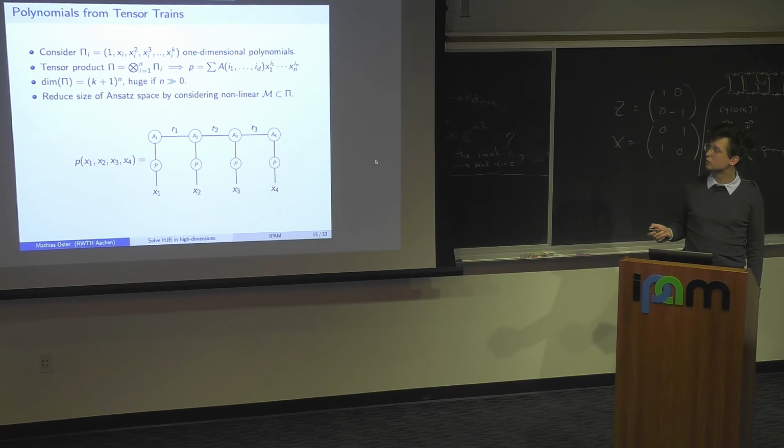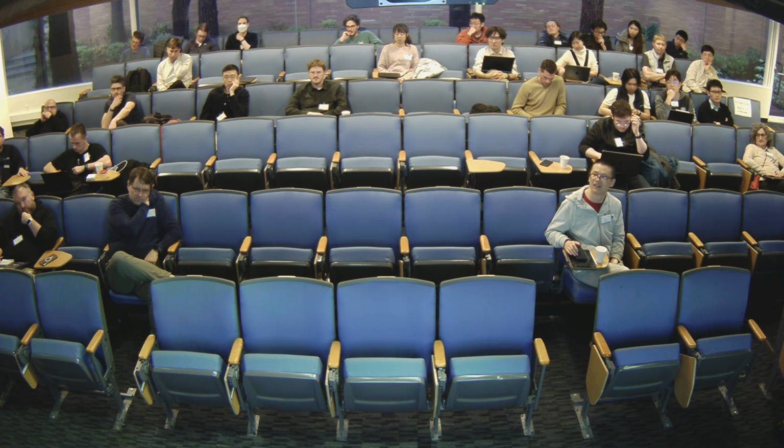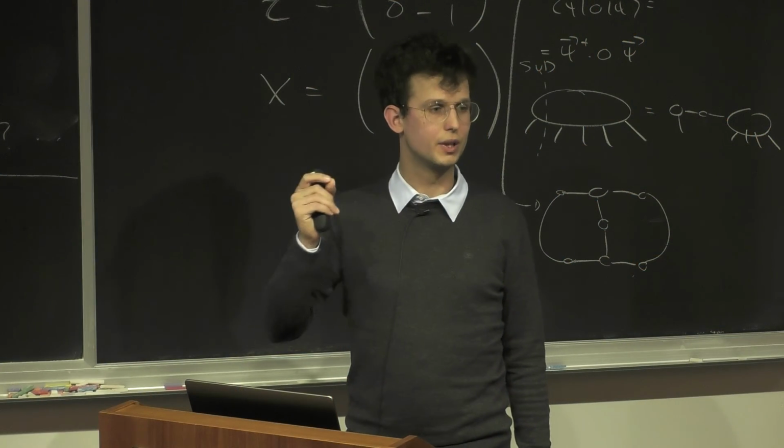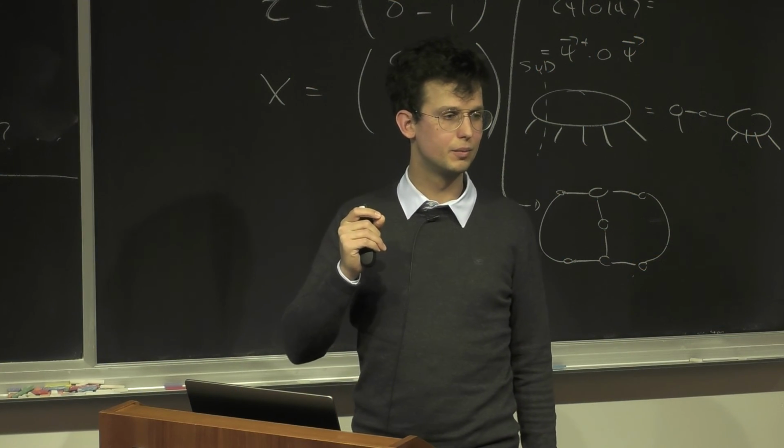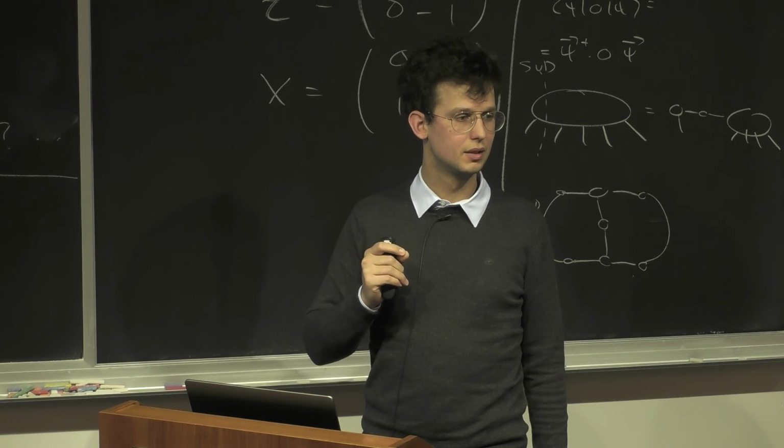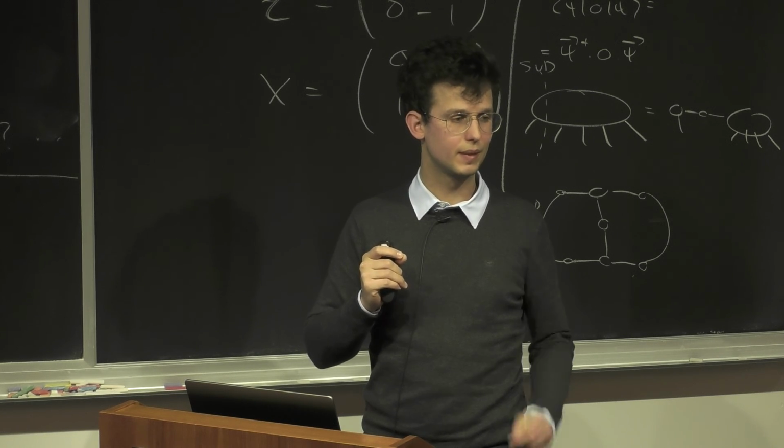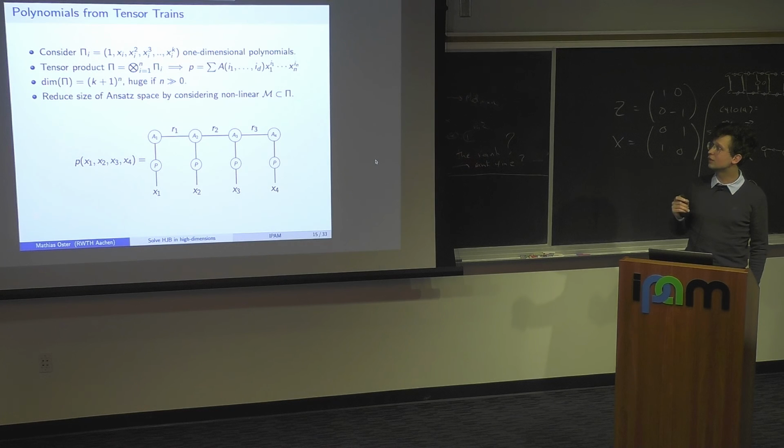So you're looking at all polynomials of degree up to k in each of the n variables. So the maximum total degree could be k times n. Okay, so x1^k up to xn^k is also part of it. And this makes the space quite big. I got it.